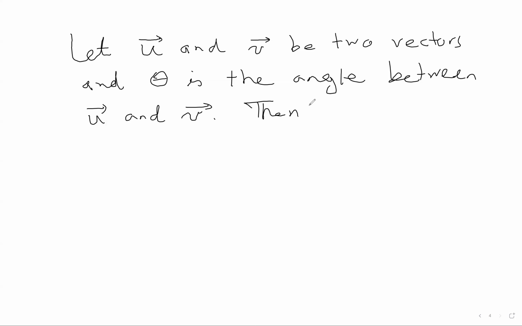Then there's another way, as I said, as a formula that we can compute the dot product. u dot v equals length of u times length of v times cosine of theta. This could be in R2 or in R3.